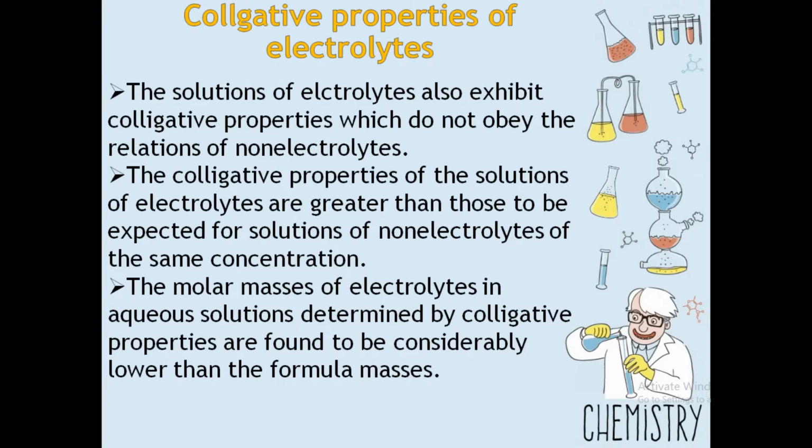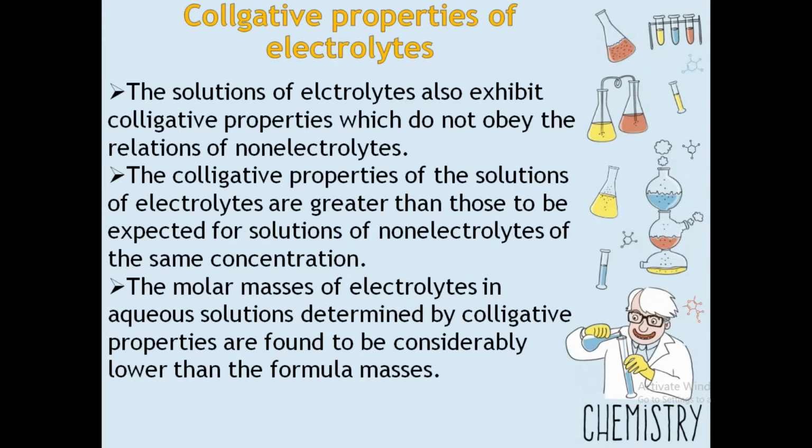Why? Because the colligative properties are inversely proportional to the molar mass of the solute. So when the electrolyte solute's colligative property increases, the molar mass decreases. For example, if NaCl is dissolved in water, it will dissociate into Na plus and Cl minus ions, whereas sucrose does not dissociate.